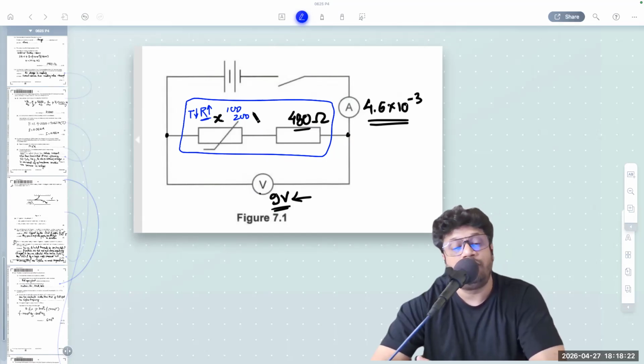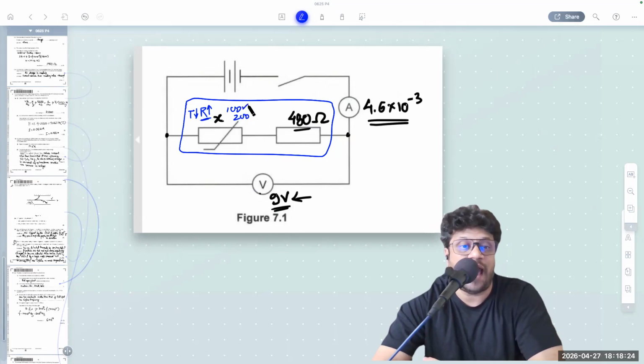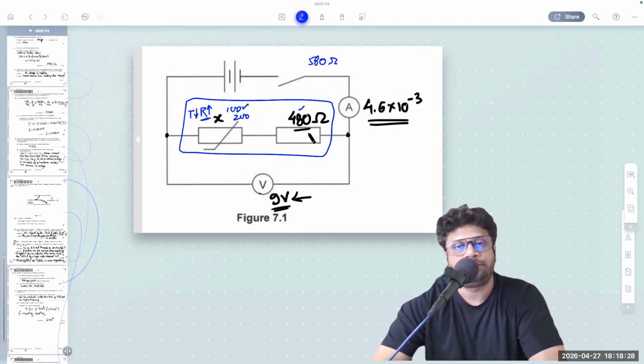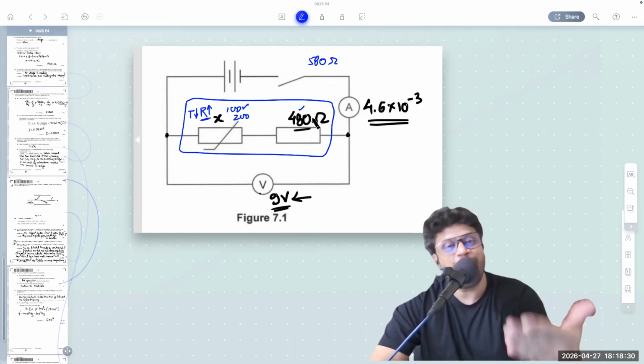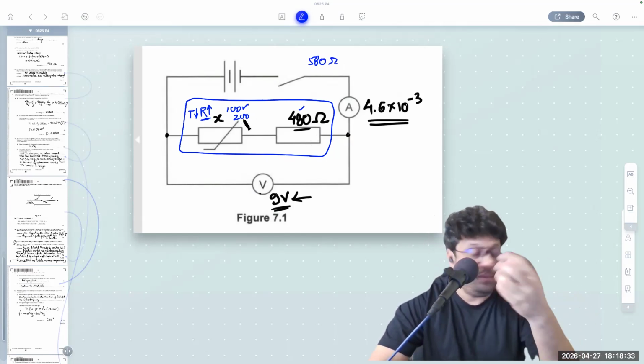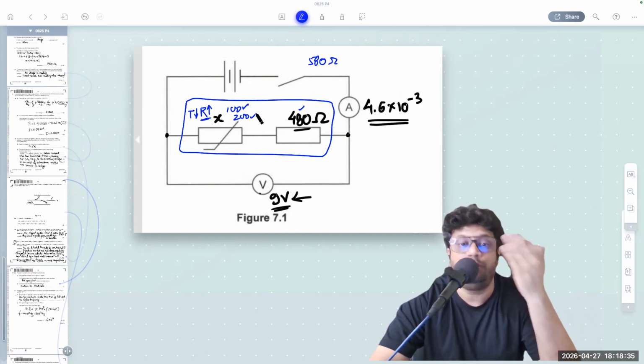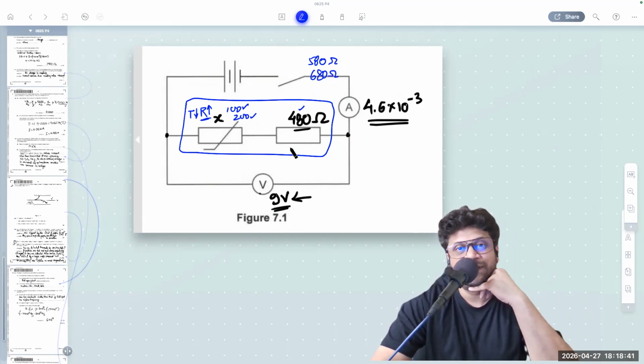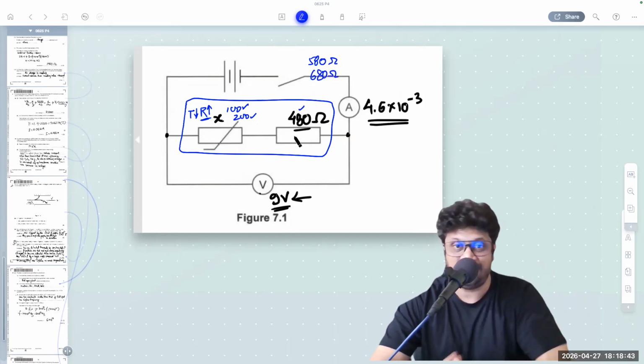The overall resistance earlier would have been 100 and a 480 added. That's 580 ohms. With the temperature reduced, and maybe the resistance has gone up to 200, the overall resistance now is 680 ohms. So the resistance has actually increased.